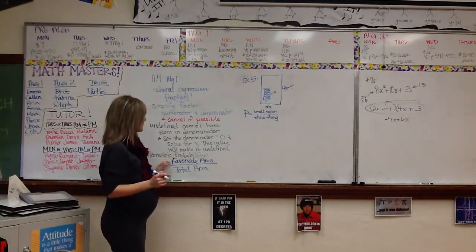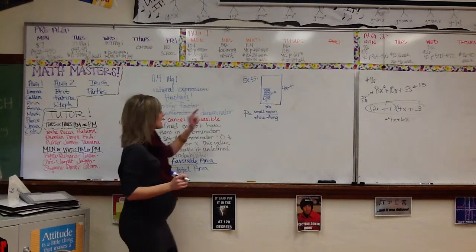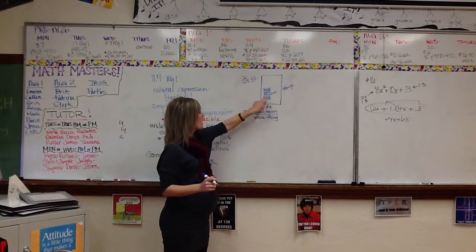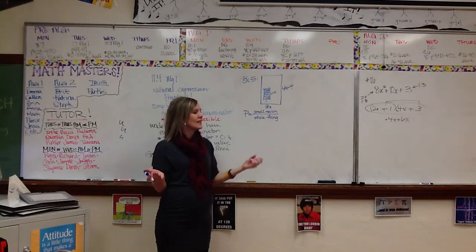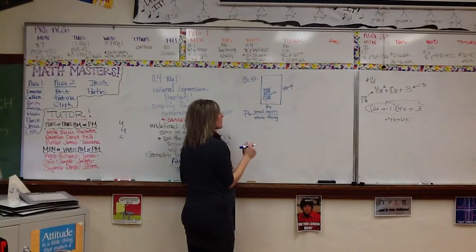If we look at our formula, we need the favorable area, so we need the area of the small region. The small region is in what shape, Breton? A rectangle. And how do I find area of a rectangle? Length times width. What's my length and my width? X and x plus 2.